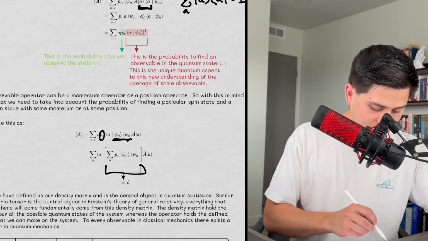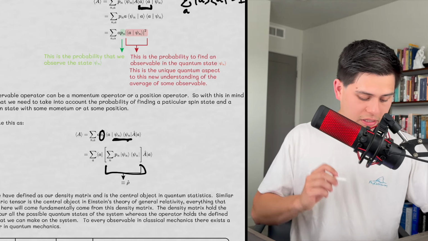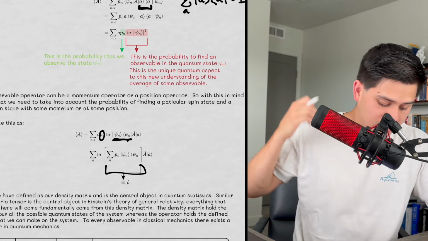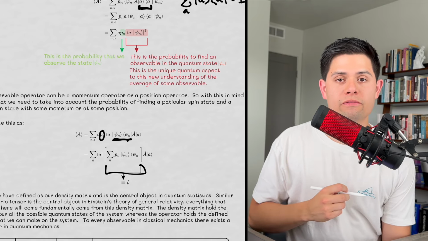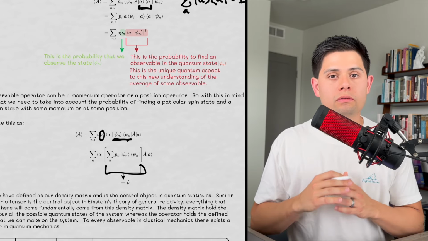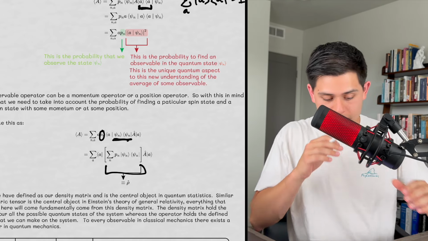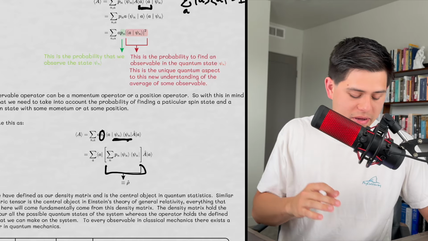Okay, and then the rest is left out. This is what we're calling the density operator. So this right here is the core of everything that's going to come from statistical mechanics, or quantum statistics.